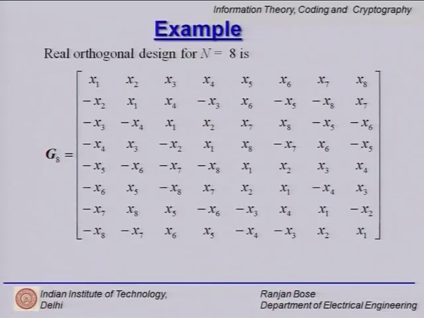And then I go to the next time slot, which will transmit row 3, and we repeat this till we are at the last row, which is time slot 8, where we send out these 8 signals. So what we realize is at the end of 8 time slots, we have been able to transmit x1 through x8. Therefore, the rate is 1. And we have seen that this orthogonality leads us to single symbol decoding.